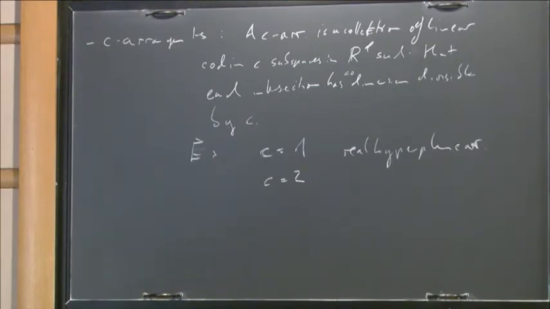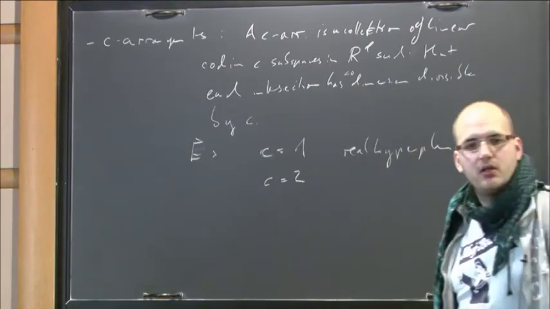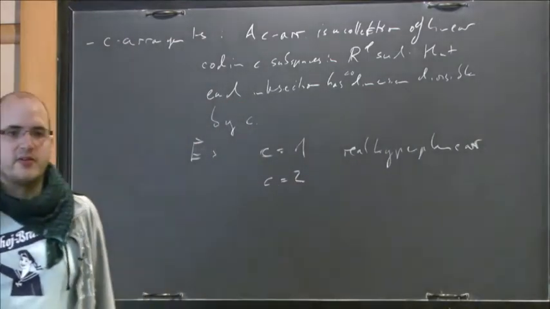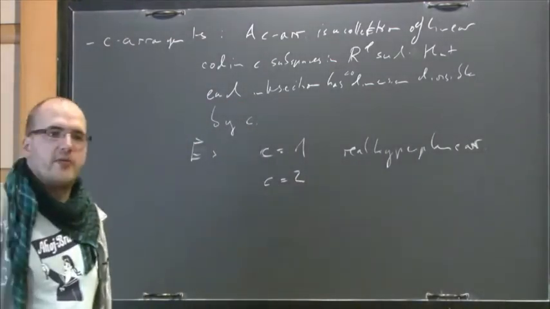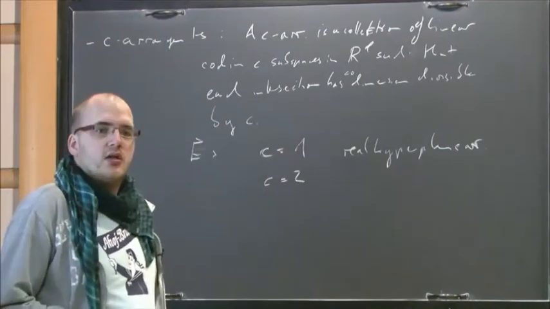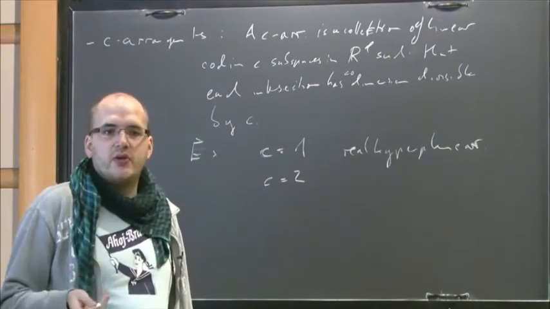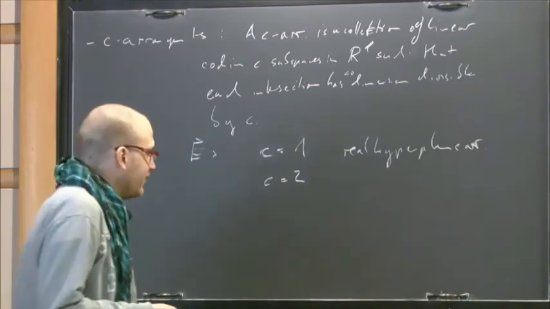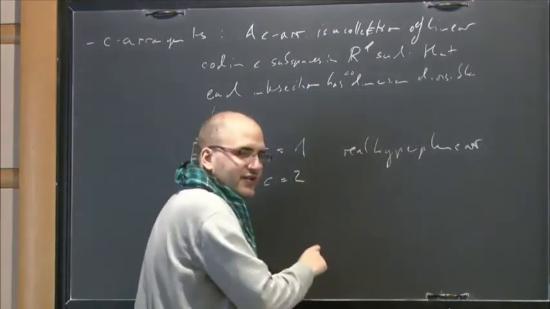If we're only interested in the combinatorics, it's equivalent to say just dimension here, but this doesn't matter. So C arrangements with C equal 1 are just real hyperplane arrangements, right? C arrangements with C equal to 2 include complex hyperplane arrangements. Do you also have an example that these are not all?